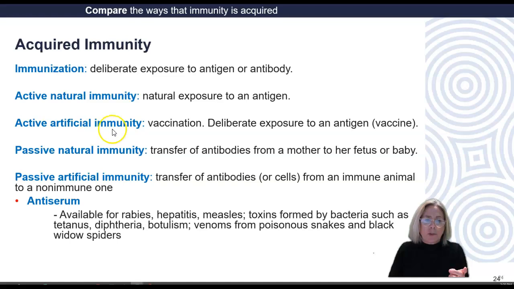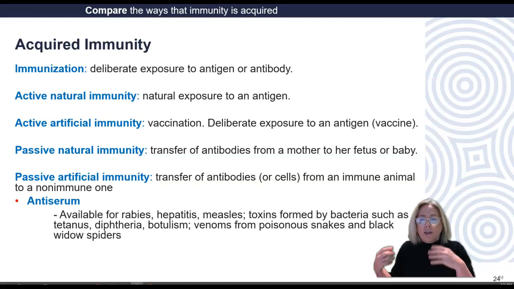Active artificial immunity then is via vaccination. With vaccination, and I'll talk about this more in the next few slides, there is deliberate exposure to an antigen. And that antigen is the vaccine. The antigen is a part of the microbe or whatever it is that you want to stimulate your immune system with.